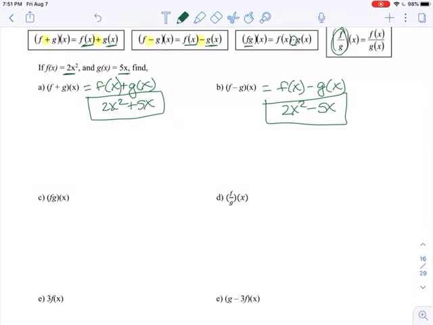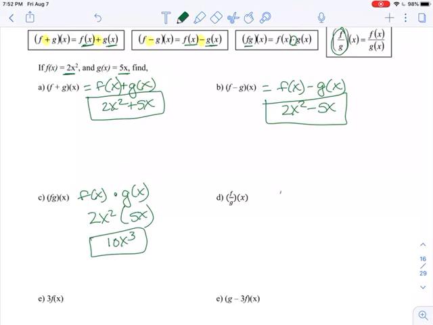C, I am multiplying. So f times g of x equals f of x times g of x. I'm going to take f of x, which is 2x squared, and multiply it by g of x, which is 5x. Now these are multiplying, so I don't need them to be like terms. I'm just going to multiply those coefficients together, and then I'm going to add the exponents.